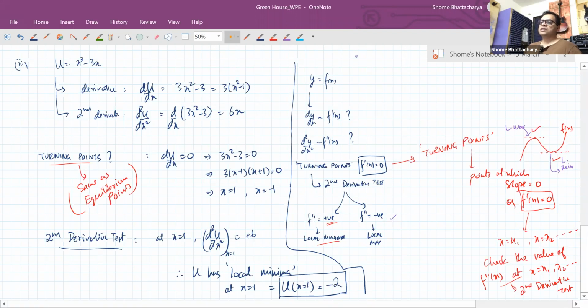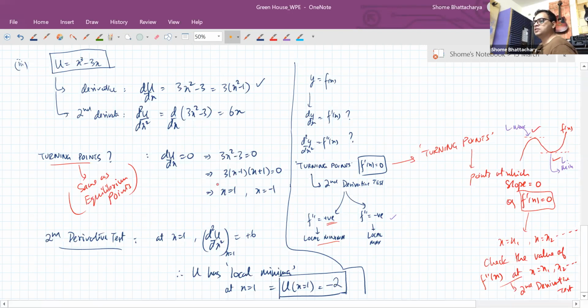No, turning point doesn't refer to second derivative. Turning point is a term that refers to the function itself. So what is a turning point? They are the values of x where the derivative is 0. So look at what we've done over here. The function is x cube minus 3x. So its derivative is 3x square minus 3. So now what are the turning points? They are the values of x at which the derivative is 0.